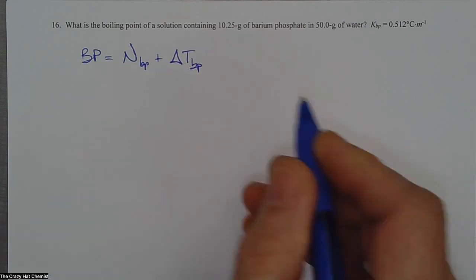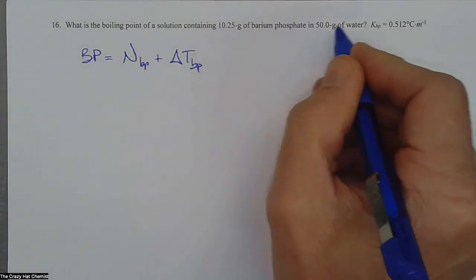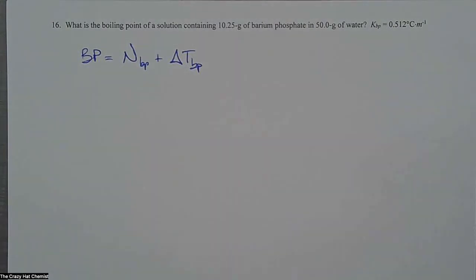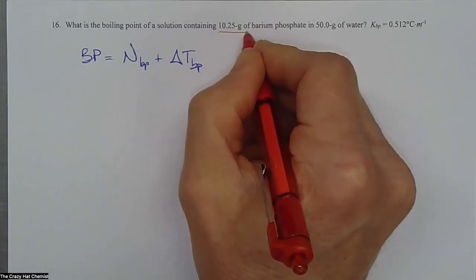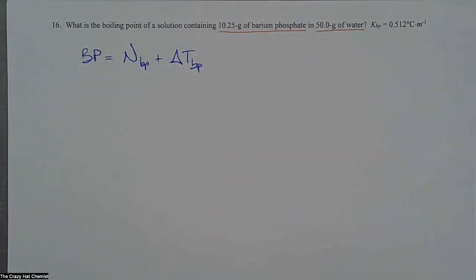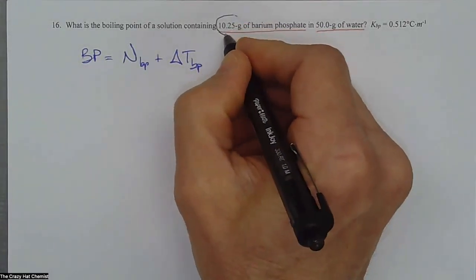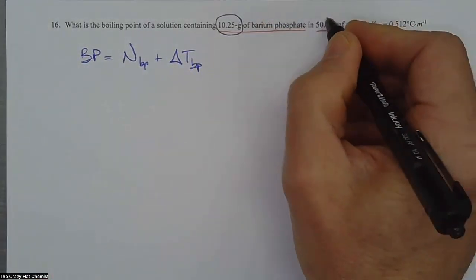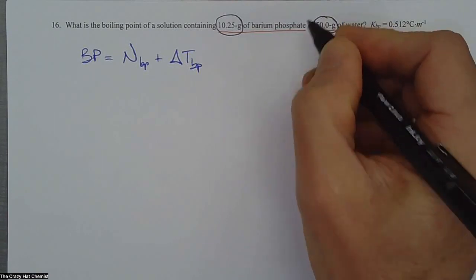We've got barium phosphate and we have water. We have 10.25 grams of barium phosphate in 50 grams of water. So we're going to compare the two numbers, 10.25 grams and 50.0 grams.